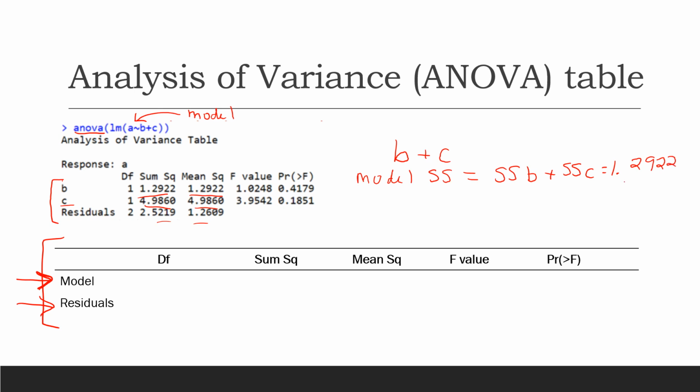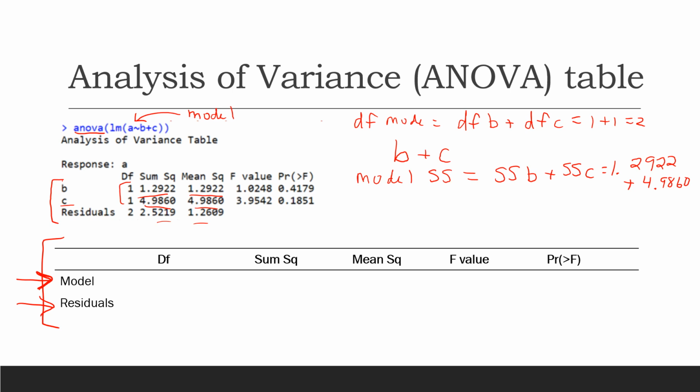So as I go through and calculate this, I can add my sums of squares, 1.2922 plus 4.9860, and that'll give me my sums of squares. My degrees of freedom for the model are going to be the degrees of freedom associated with B plus the degrees of freedom associated with C, or 1 plus 1 equals 2. Right?